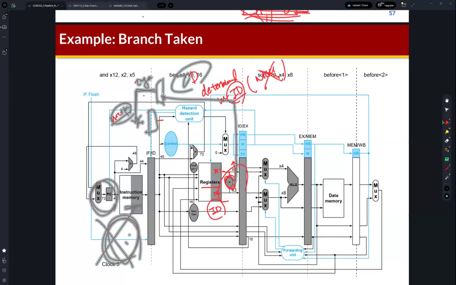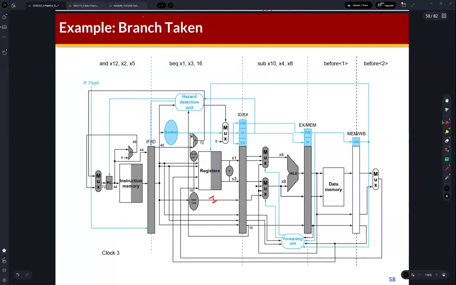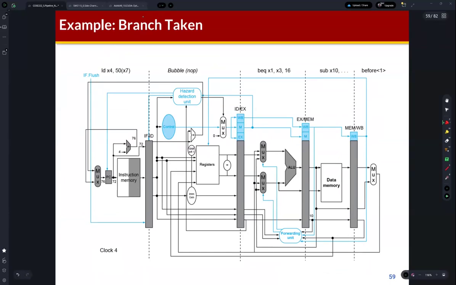This figure shows the enhanced design, which means the performance drop from a taken branch is decreased. So when the branch is in the ID stage, this is the incorrect instruction, and these are the previous instructions. Then in the next cycle, the branch is here, and the target can be fetched.